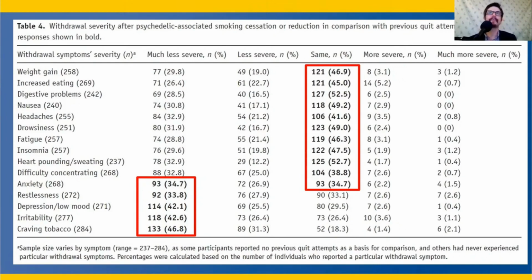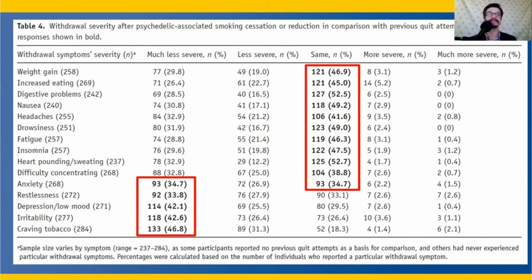But when we get into the more affective or emotional withdrawal symptoms, anxiety, restlessness, depression, irritability, craving, that's where the modal response wasn't just that it was less severe, but much less severe.